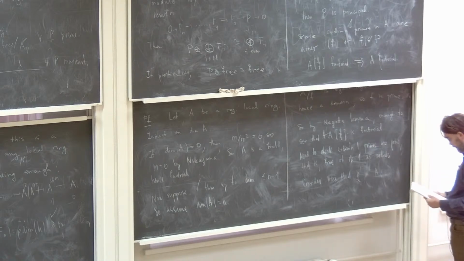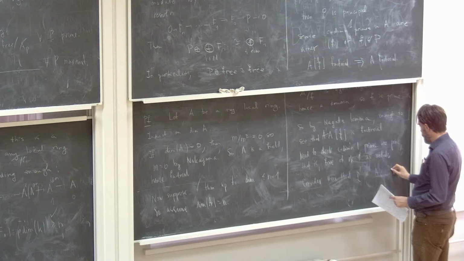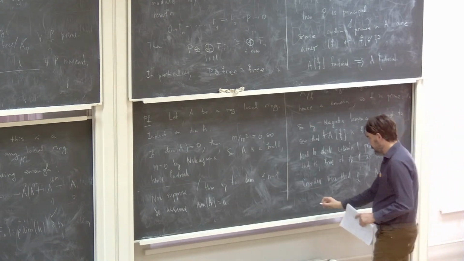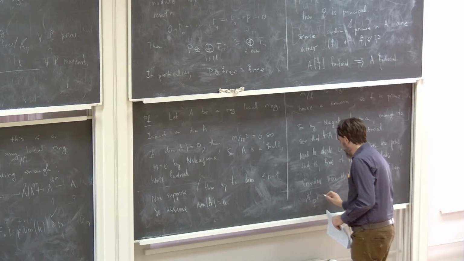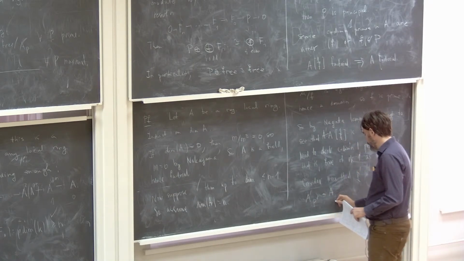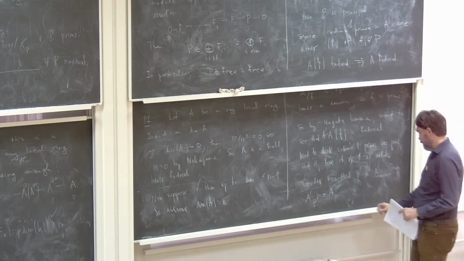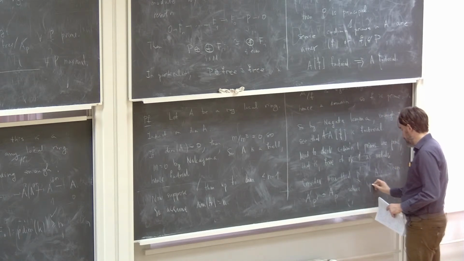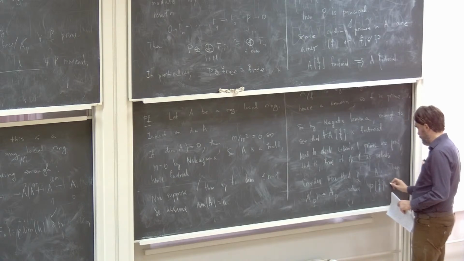So consider a maximal ideal P prime. Then consider the localization of A prime at P prime. And this will be the same as the localization of A at P, where P is the prime that localizes to P prime.